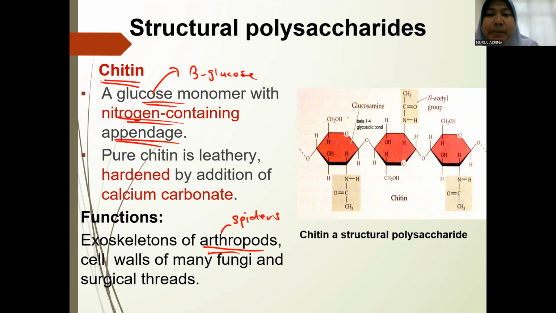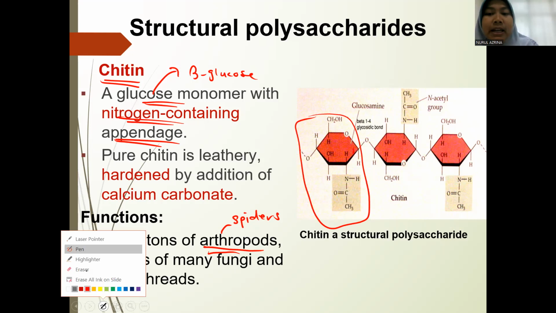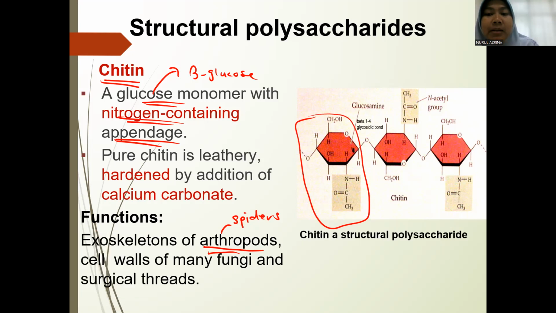Okay, look at this picture. This is beta glucose, one beta glucose. This is carbon number 1, carbon number 2, carbon number 3, carbon number 4, carbon number 5, carbon number 6. So, dekat carbon number 1 ni, asal usulnya ada OH dekat atas. Dia adalah beta glucose.